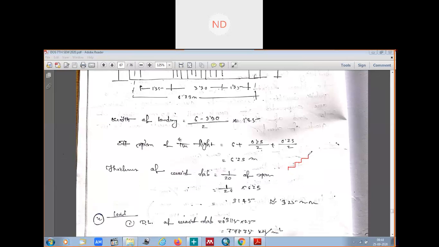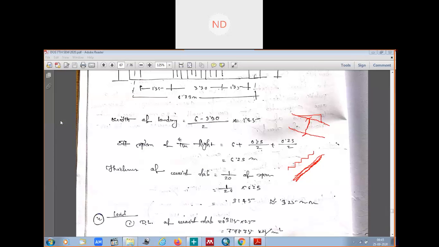We are calculating the thickness of this waist slab. If this is your waist slab, this is the thickness of the waist slab here. This is your tread and your riser is here.